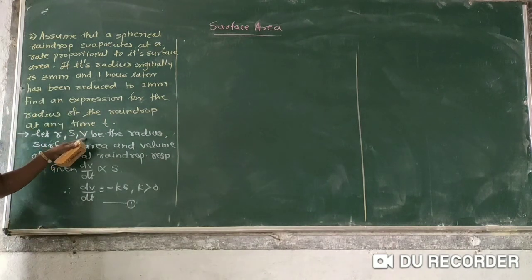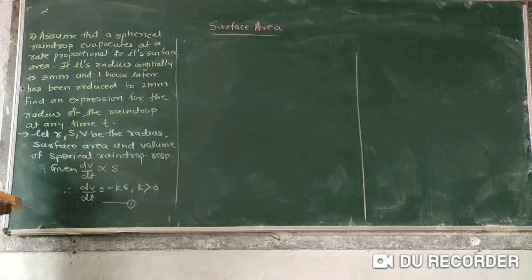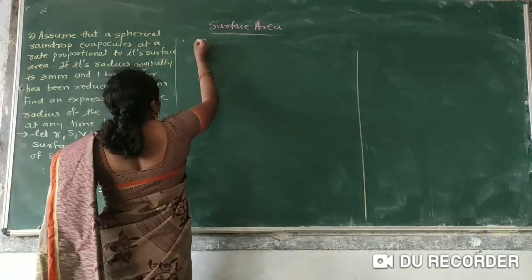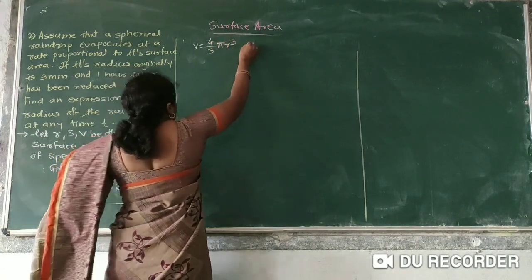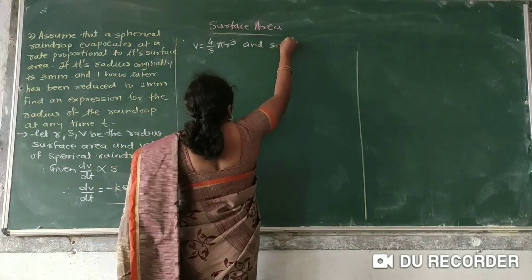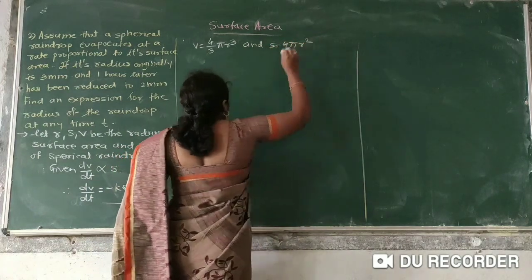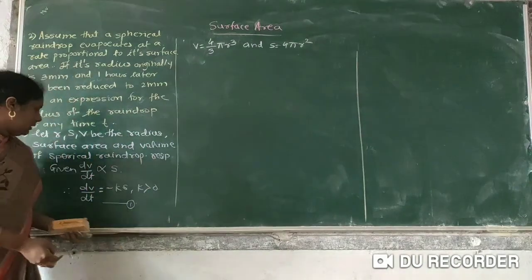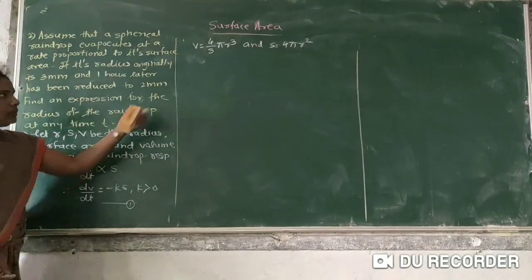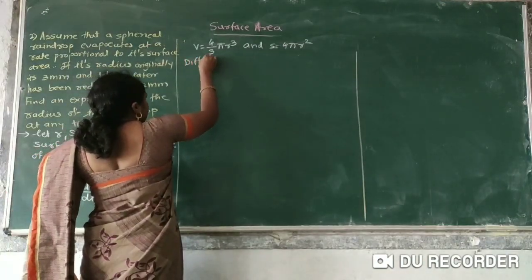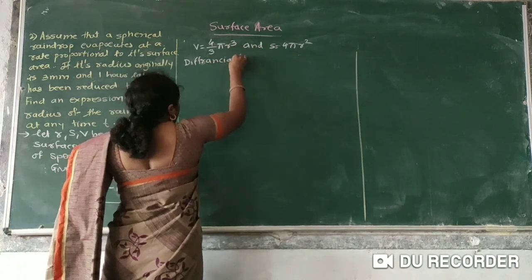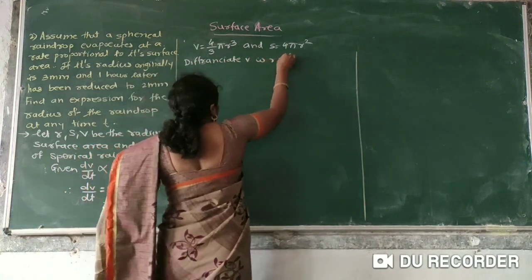If S and V are the surface area and volume of the spherical raindrop, we know the volume of the sphere is V = 4/3 pi r cubed and the surface area is S = 4 pi r squared. Now we have to find dV/dt. Therefore differentiate V with respect to t.